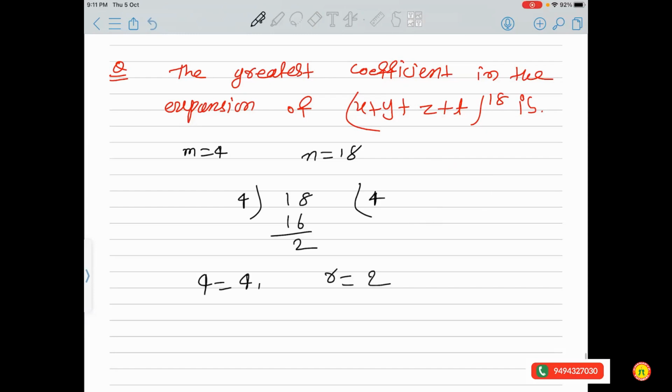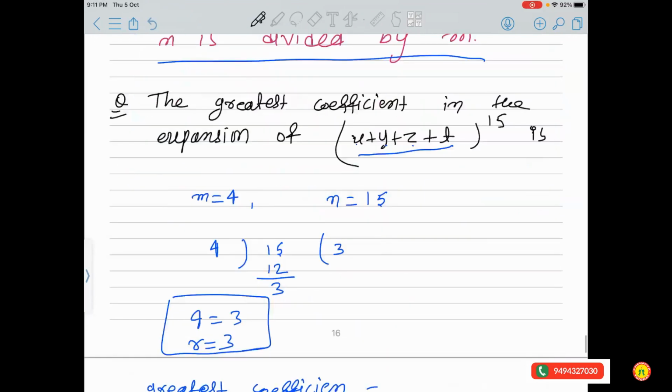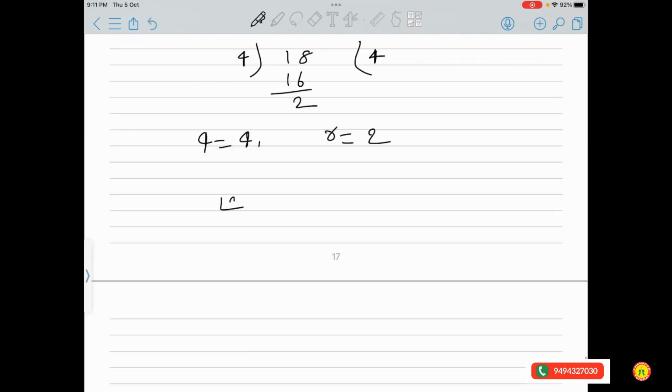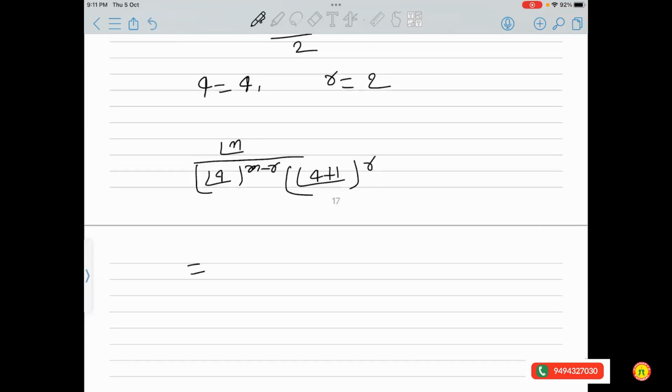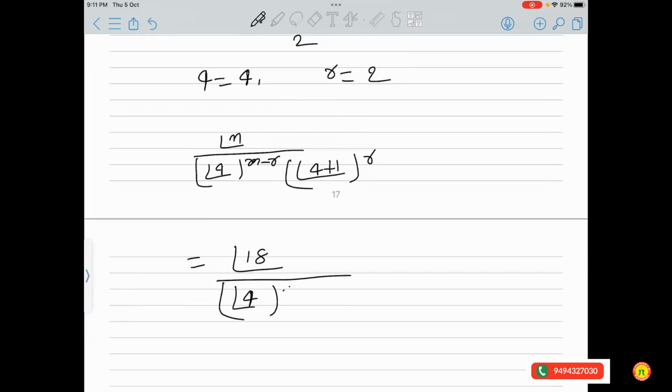So the greatest term: put in this formula. n factorial upon q factorial power m minus r, and q plus 1 factorial power r. So here 18 factorial, and q is 4, 4 factorial power m minus r; m is 4, r is 2, so 4 minus 2, and 4 plus 1 factorial power r, r is 2.